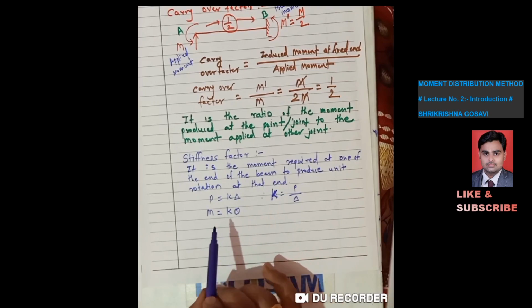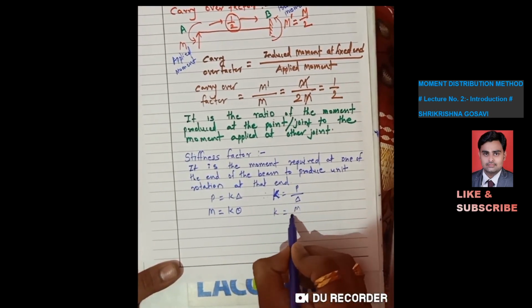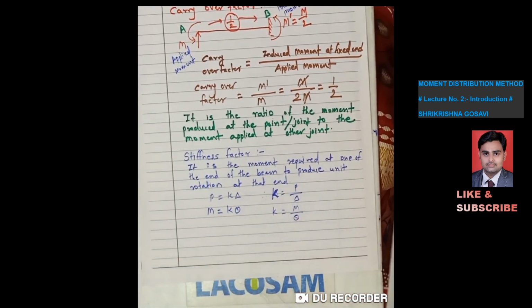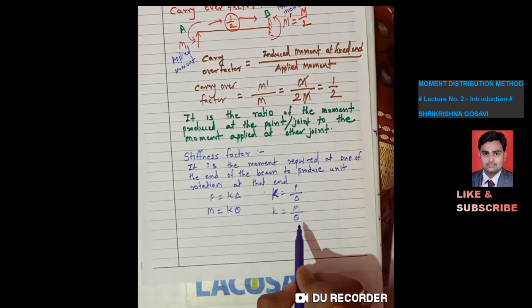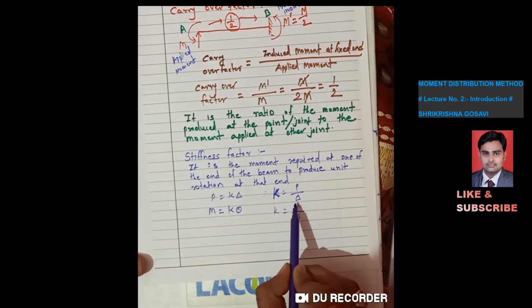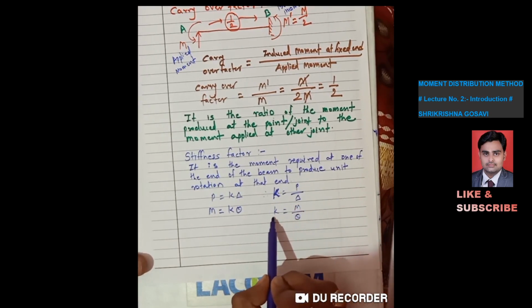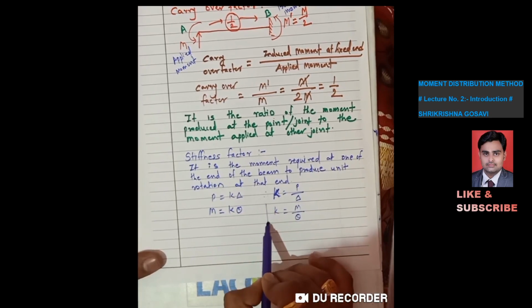For force, deflection is there; for moment, theta is there. So K is equal to M by theta. If theta is equal to 1, then whatever moment is produced there is equal to the stiffness.